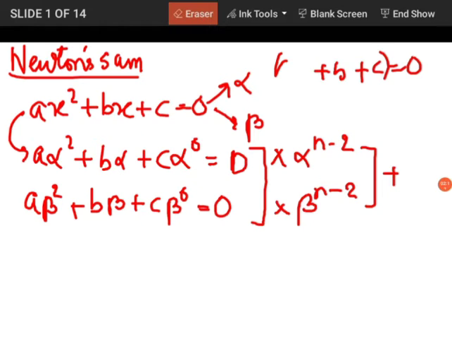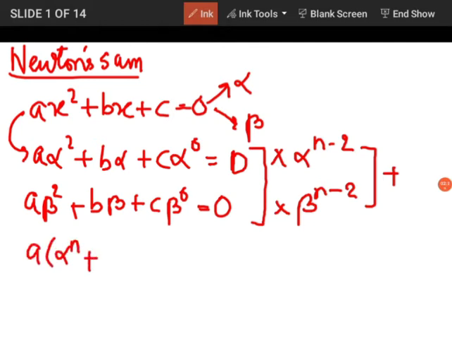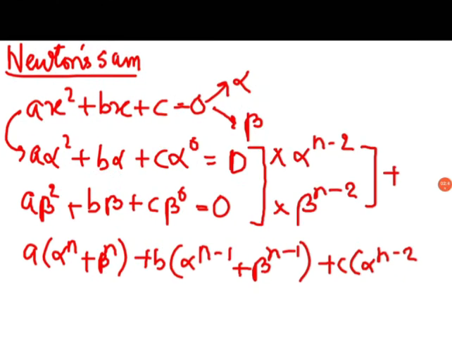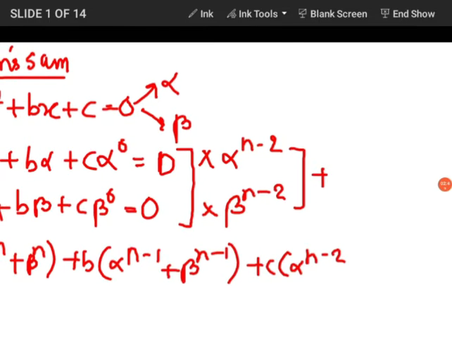So we can write this step now, and we added this, and finally if you do all of this, we will get a alpha raised to the power n plus beta raised to the power n, plus b alpha raised to the power n minus 1 plus beta raised to the power n minus 1, plus c alpha raised to the power n minus 2 plus beta raised to the power n minus 2, equals 0, right?